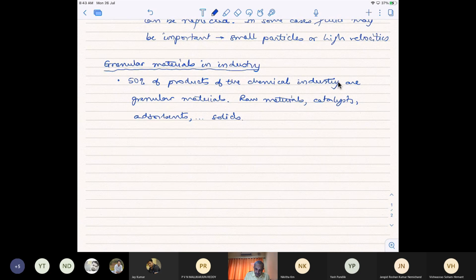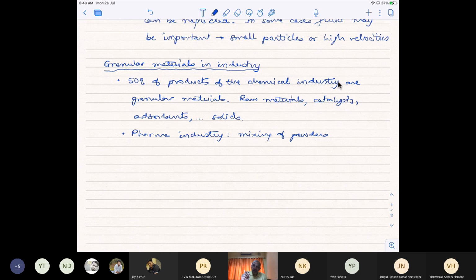Even if you look at the pharmaceutical industry, and there is a course that's running in our department on chemical engineering applications to the pharma industry, even there, there are a lot of important things. Like one of the important applications is mixing of powders.